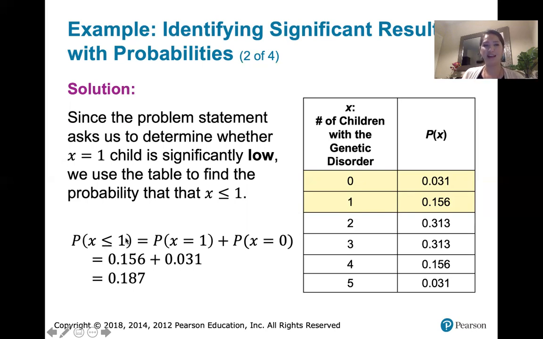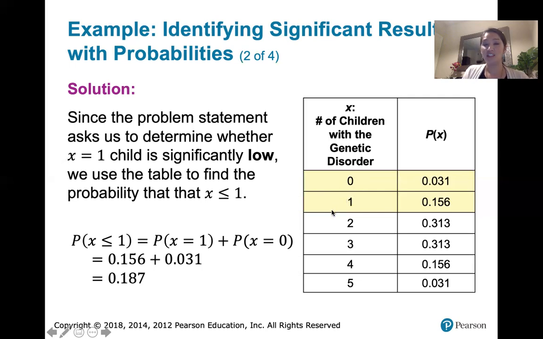Well, the probability that X is less than or equal to 1 is the probability that you have 1 child with the disorder plus the probability that you have 0 children with the disorder. I could have said or, because that's absolutely correct here. The probability that X is less than or equal to 1 is equal to the probability that you have 1 child with the disorder or 0 children with the disorder.